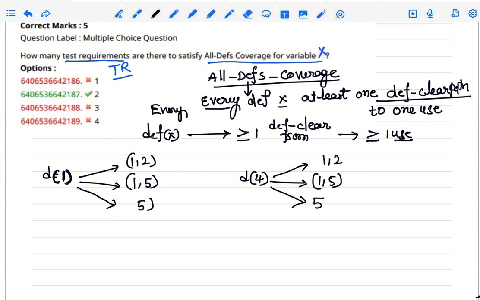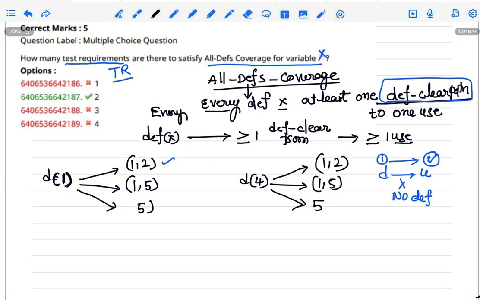Def-clear means that from the definition to the use, there is no redefinition. That is, x is defined at this node and used at that node, and there is no redefinition in between along this path. That is called a def-clear path. There are 2 definitions, so the answer for this question is 2.